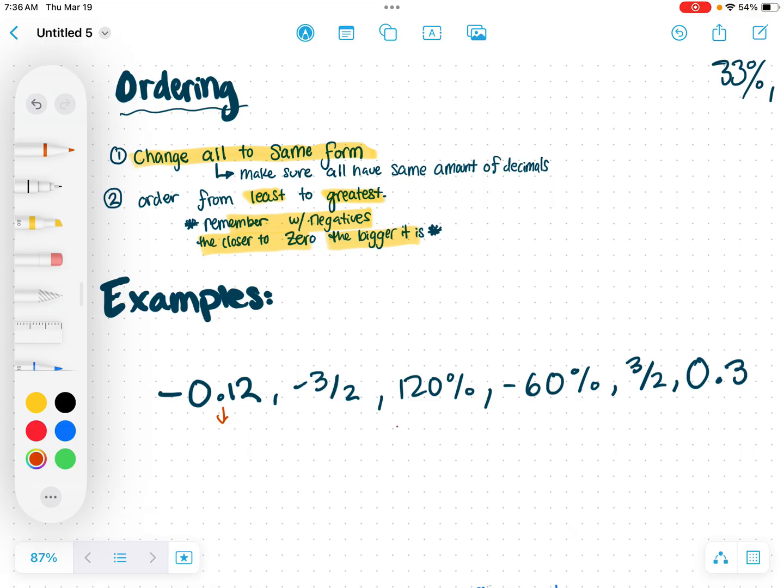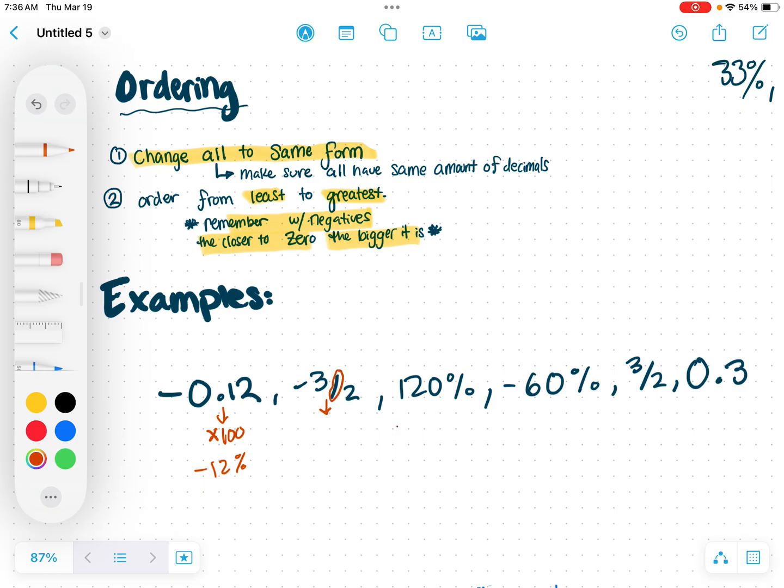And how we change a decimal into a percent, we learned this back in Unit 10, is we just multiply by 100, which would give us negative 12%. And then how we change a fraction into a percent, first we need to change it into a decimal.